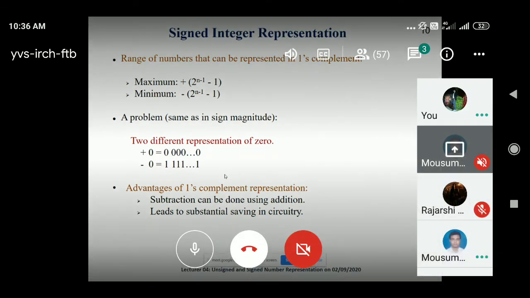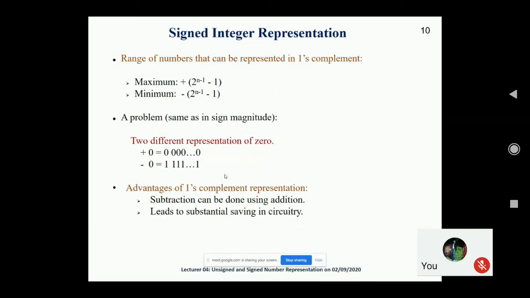There are three approaches: one is called sign magnitude, one is called 1's complement, and another is called 2's complement. But always remember the relation between 1's and 2's complement: without 1's complement, you cannot go for 2's complement. So 1's complement is a necessary part of 2's complement. Okay, for representing the sign we also use 2's complement.